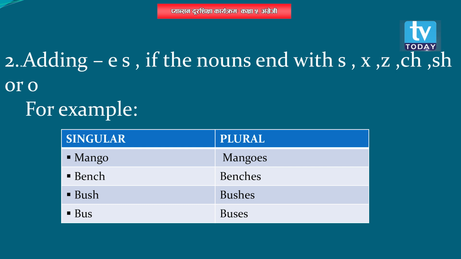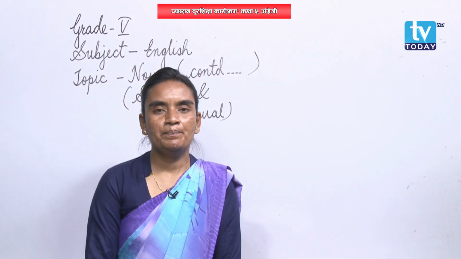Baksh, bakshes, that also can be added with ES. And the next one, children, is a very easy example for singular and plural. It's bus, buses, B-U-S, bus, one bus, B-U-S-E-S, buses, more than 2 buses.